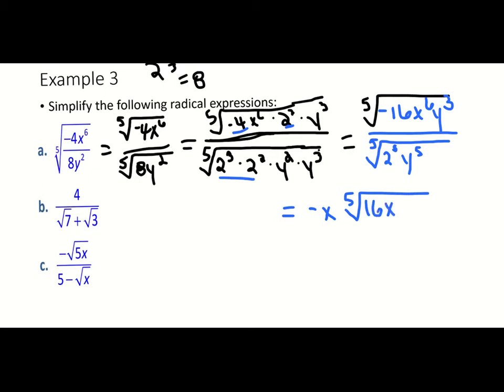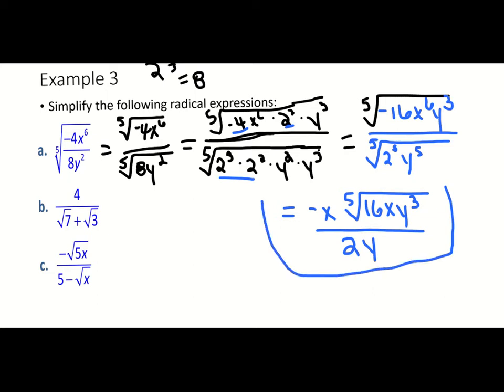I have one x left over. I pulled out a group of 5. And then y to the 3rd, I can't do anything because 5 won't go into it. And then on the bottom, the 5th root of 2 to the 5th power is just going to be 2. And the 5th root of y to the 5th power will just be y. So that would be our first one with our denominators simplified or rationalized so we get rid of the radical underneath.